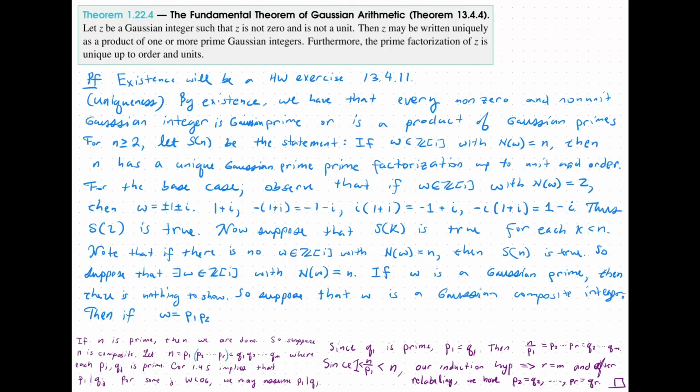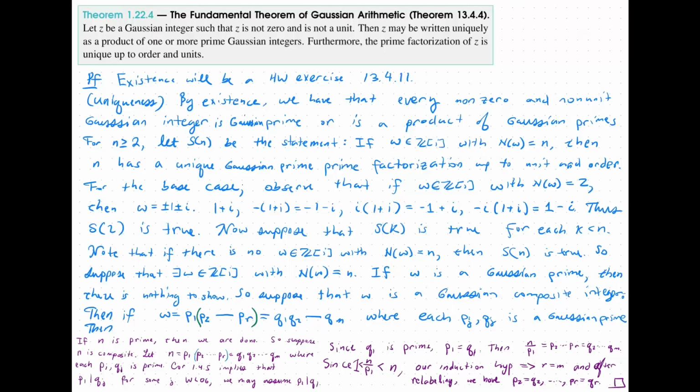So if W was equal to P1, P2, all the way to Pr, and also Q1, Q2, all the way to Qm, where each Pj and Qj is a Gaussian prime, then we have, by the same argument that we did in the case for the integers, that if we wrote this as P1 times the rest in parentheses, P1 must divide Q1, Q2, all the way to Qm.